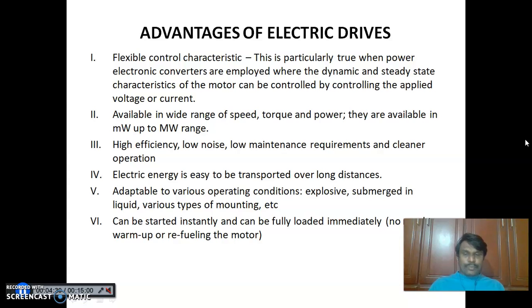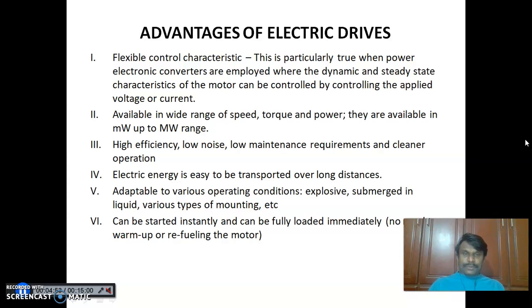Another major advantage of the electrical drive is that it is available in a wide range of speed, torque, and power. A wide range of speed means it changes from zero to the maximum value. They are available in the milliwatt and megawatt range, based on the motor rating.